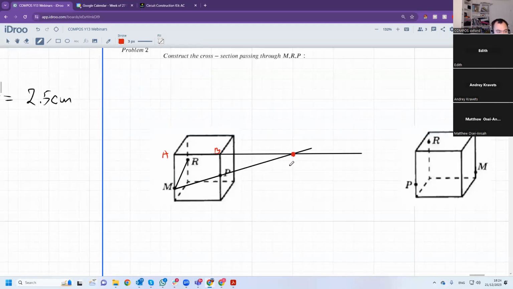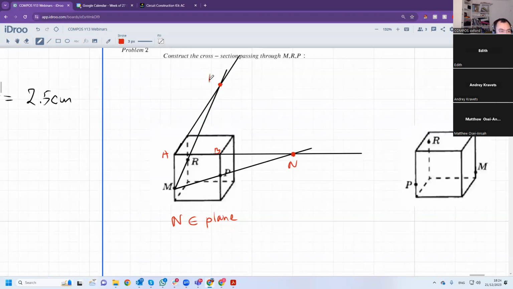Let's call it N. N belongs to the plane MPR. Now we extend this line, and we extend this line, and we get a point.